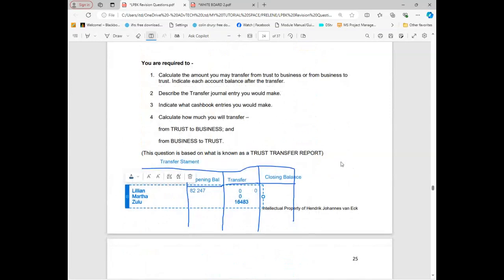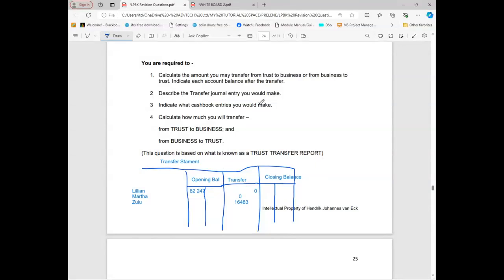I think it will be advisable to have balances for each. Maybe I can divide this balance into two, and then maybe like this. This one will represent the trust, and that other one will represent the business. You understand what I mean?